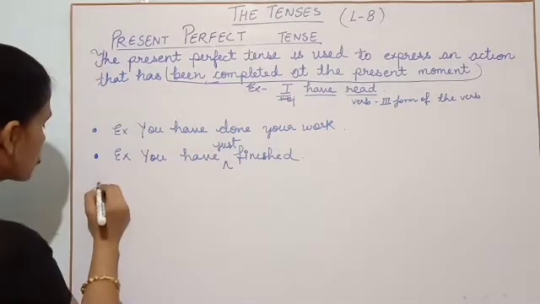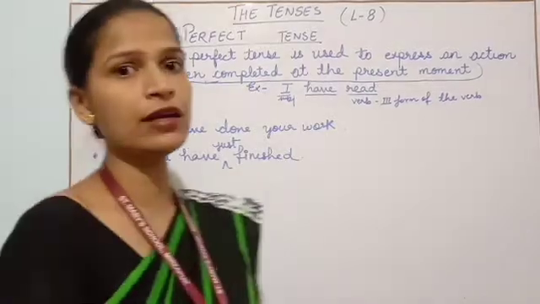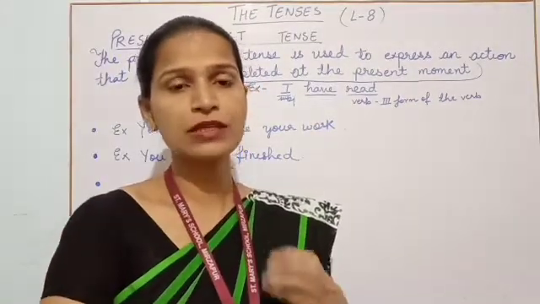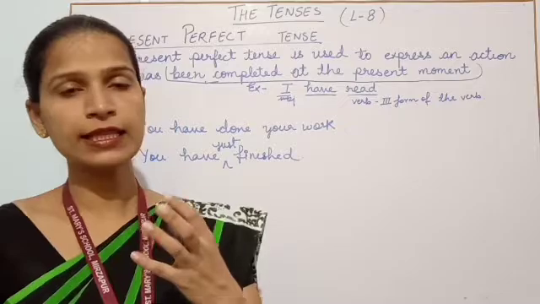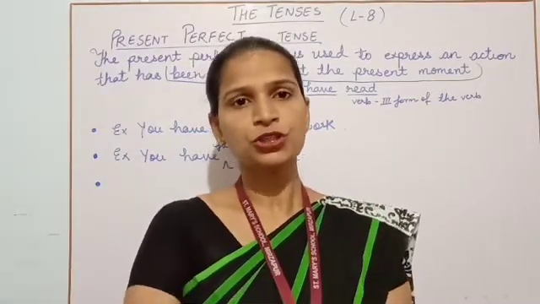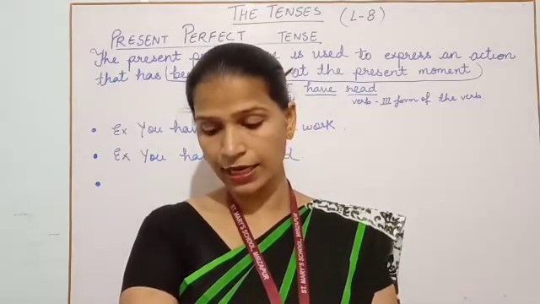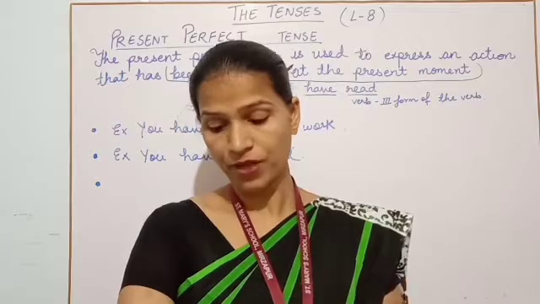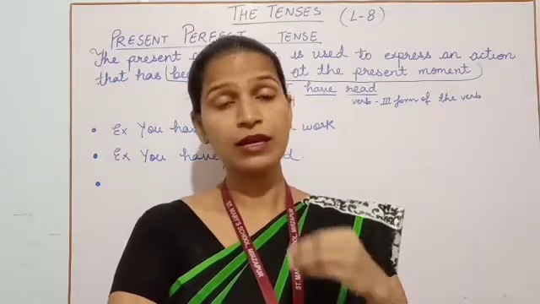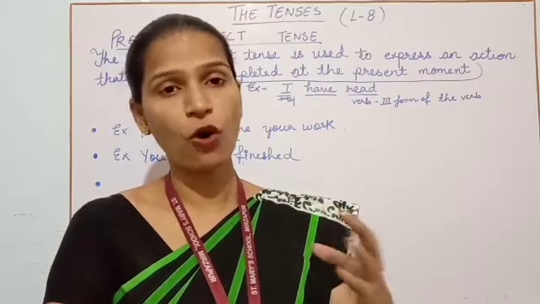Now, the third thing shows that it can also be used with time. For indicating this we have two words, for and since. Children, for is used when we are indicating some number. When we use numbers, then we can use the word for.